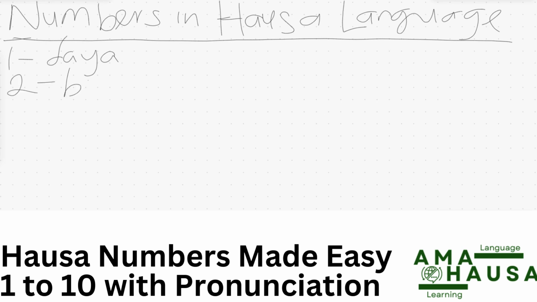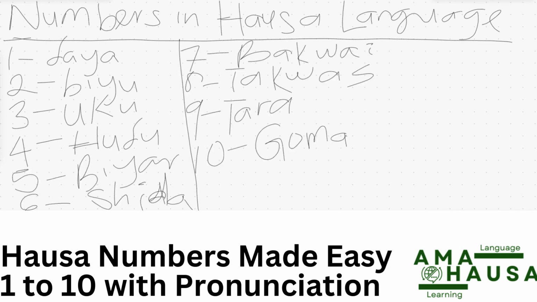Two is biyu. Three is uku. Four is hudu. Five is biyar. Six is shida.